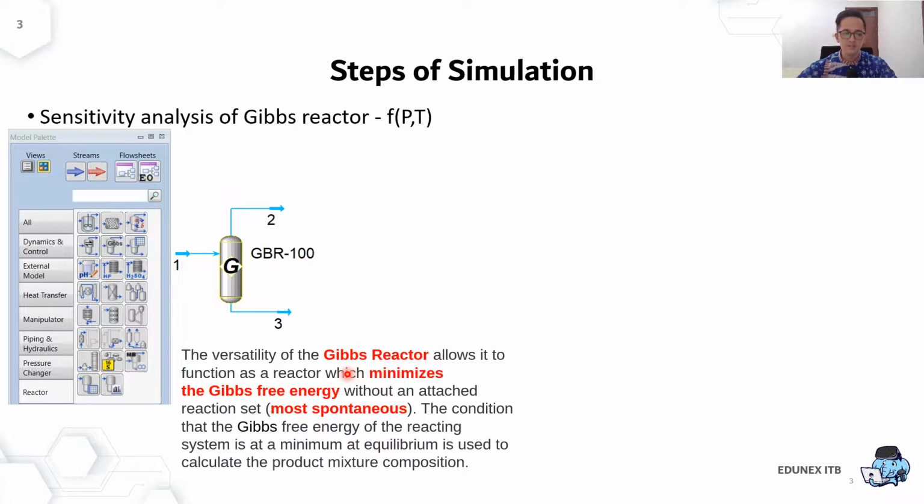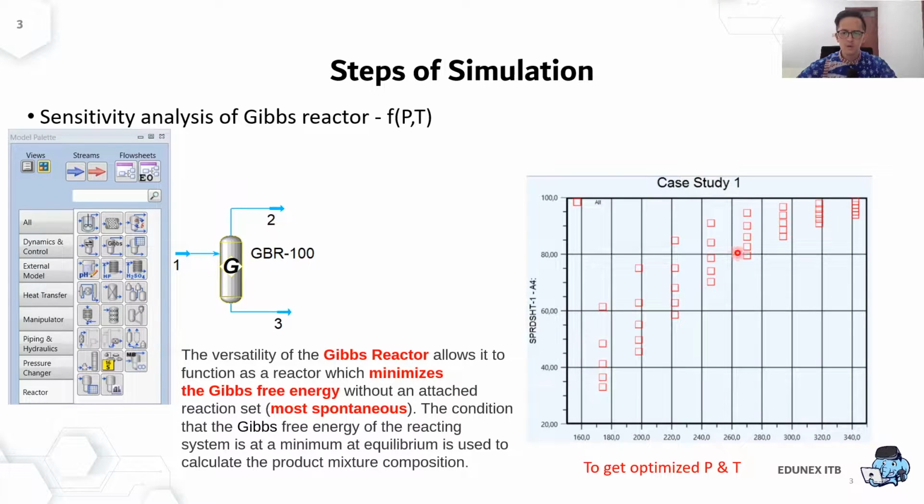After HYSYS helps us find the minimum Gibbs free energy condition, of course HYSYS will calculate the equilibrium composition to get the product mixture composition. And then we will vary the pressure and the temperature so that we will be able to get this kind of chart directly from HYSYS, with temperature, for example, on the x-axis, and the y-axis is the conversion of the reactor.